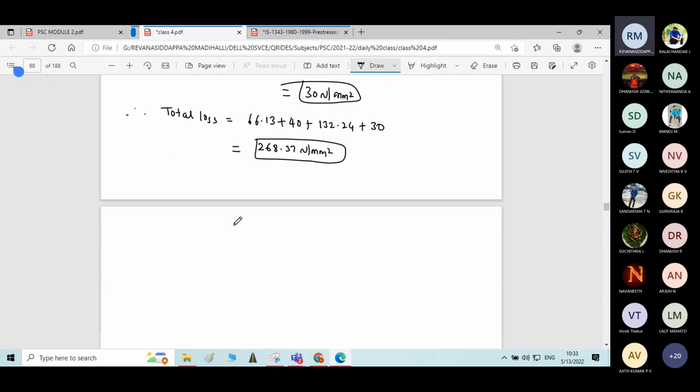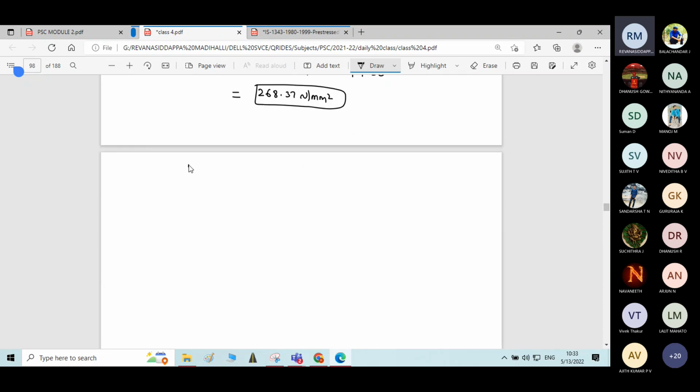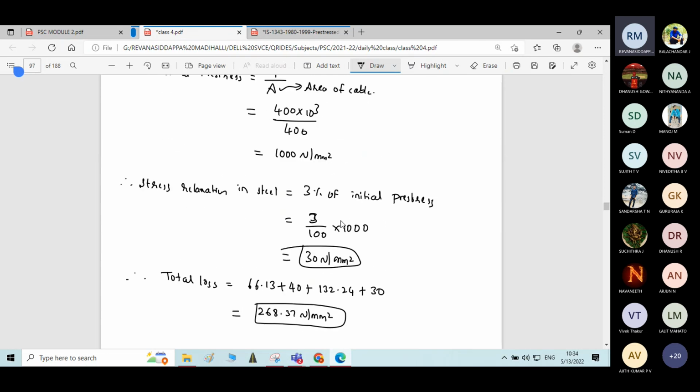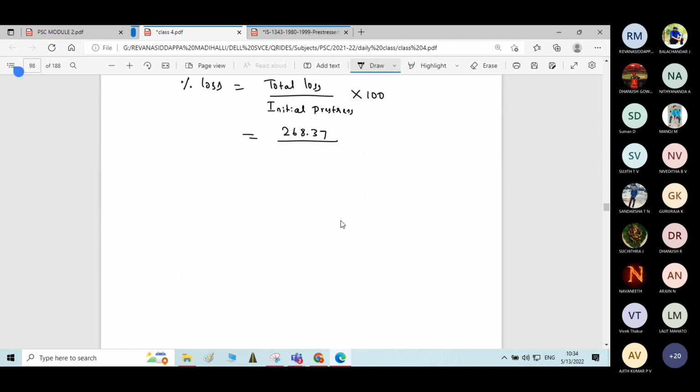So if you know the total loss, you can calculate the gross percentage loss in the pre-stress of the steel, which is equal to total loss divided by initial pre-stress into 100. Total loss is 268.37 divided by initial pre-stress, 1000, into 100.